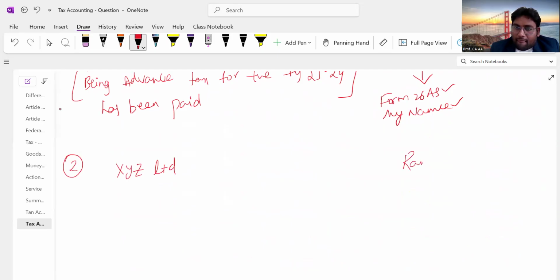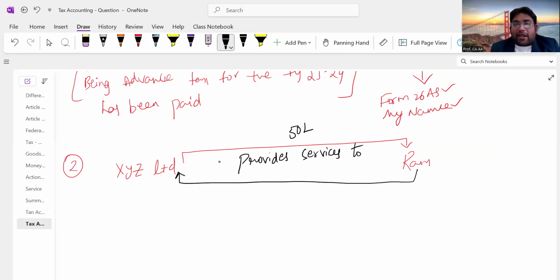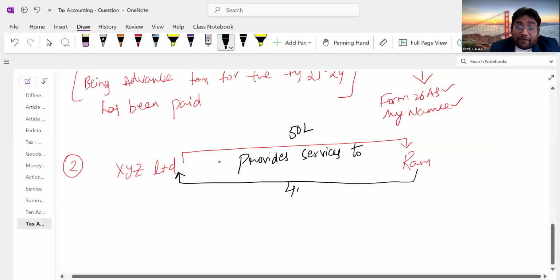How much is the service value? 50 lakh. And Ram, while making the payment, paid only 45 lakhs. The remaining 5 lakh he has deducted as tax.